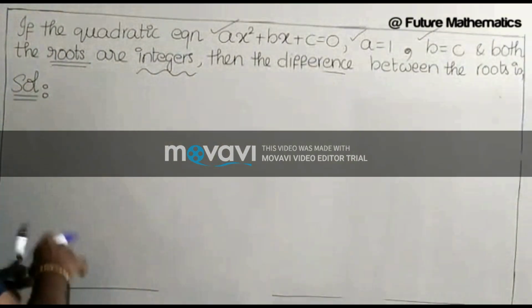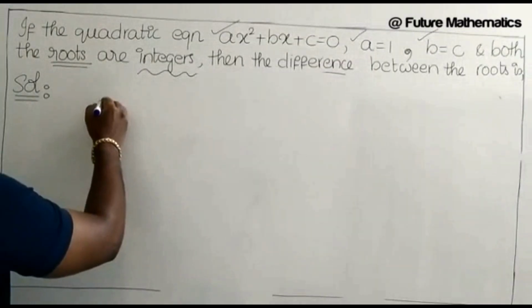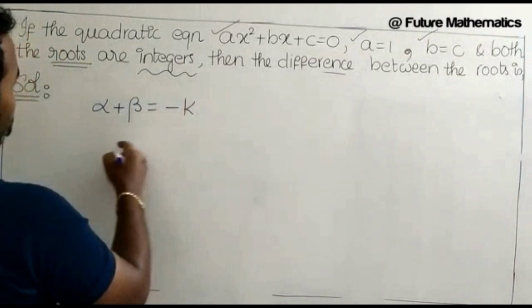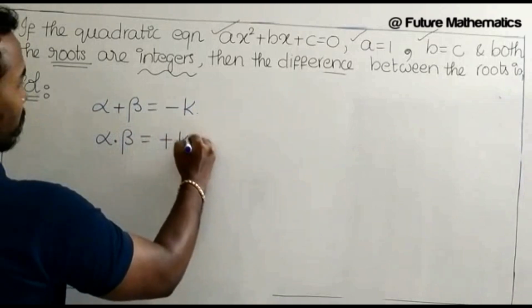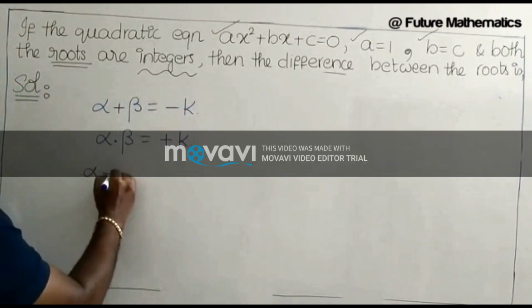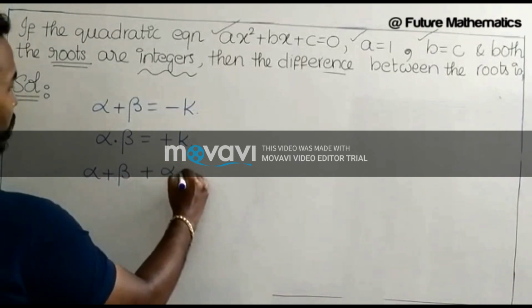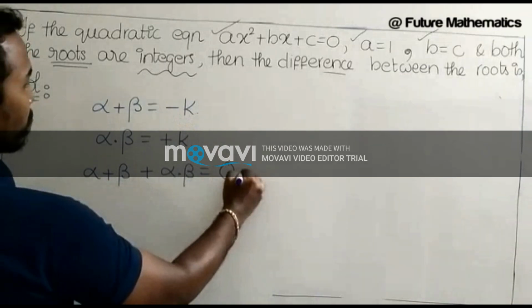We know that alpha plus beta we obtained as negative k, and alpha into beta we obtained as positive k. So if I add these two quantities, alpha plus beta plus alpha beta, then minus k plus k on the right-hand side becomes 0.